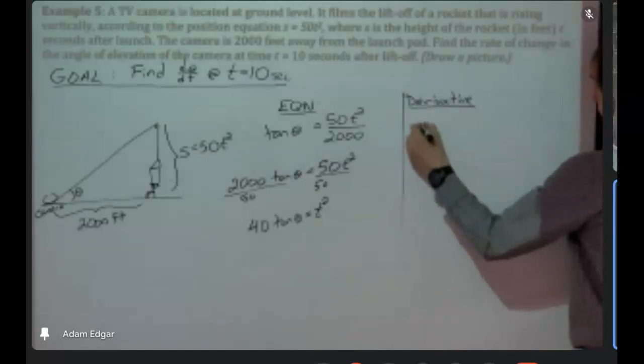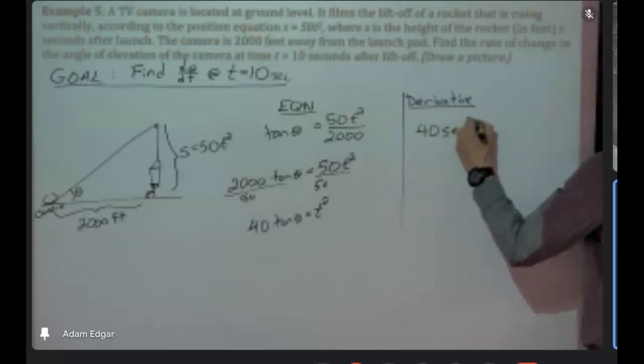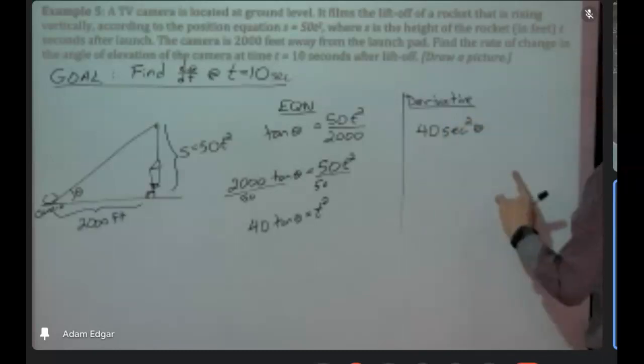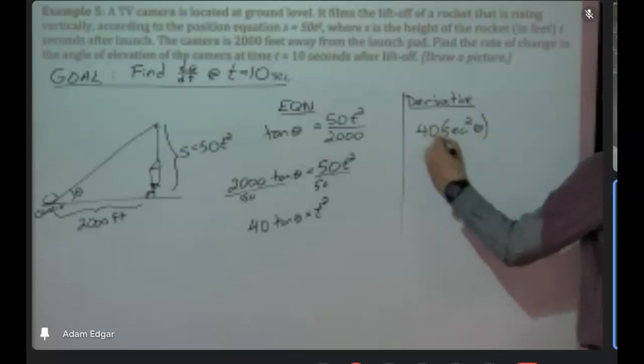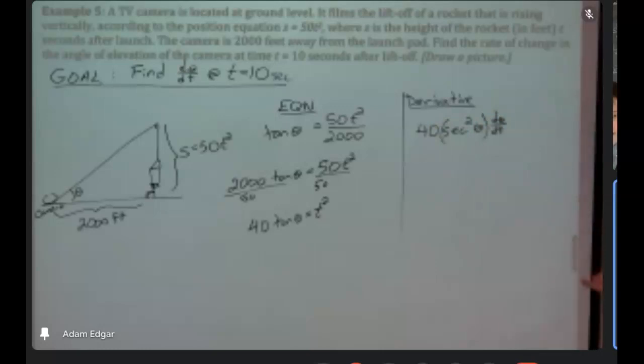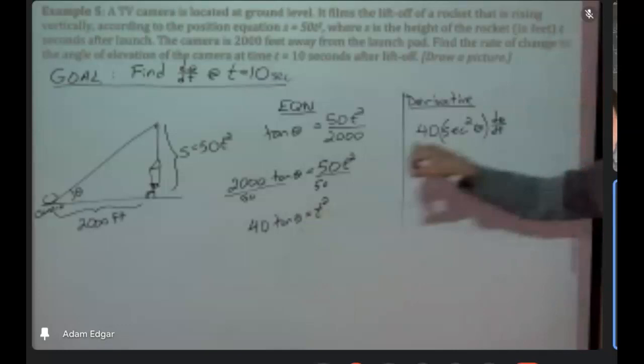So secant squared, so we have 40 secant squared of, not yet. What's inside our trig function? Theta. But you're right, when we differentiate this, we also need to get a d theta dt. So we have to differentiate the inside of the trig function. The derivative of theta is d theta dt.